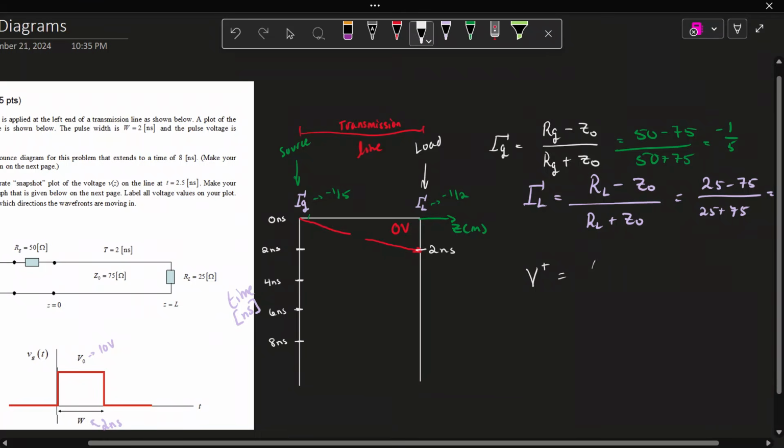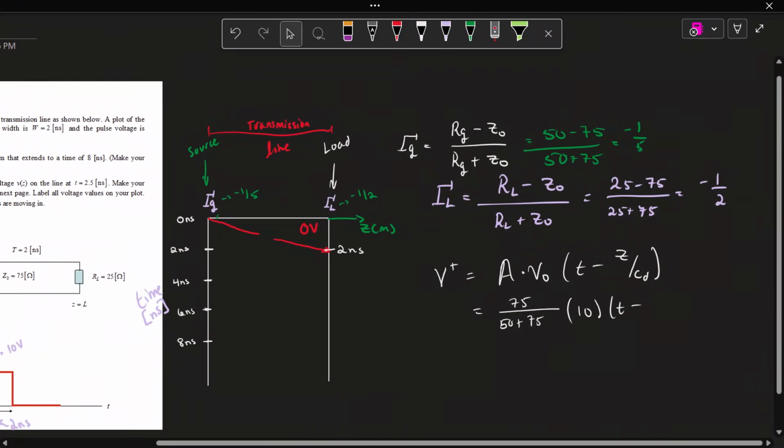This is going to be equal to A times V naught, and of course T minus Z over C. So what is A? Well, A is going to be equal to the characteristic impedance, so 75, divided by the source resistance, 50, plus 75, times V naught, 10, T minus, well, we start at 0 position, so this is going to be 0, so this is no phase shift.